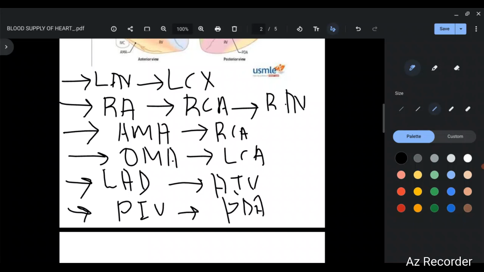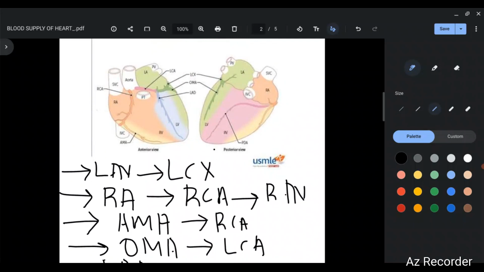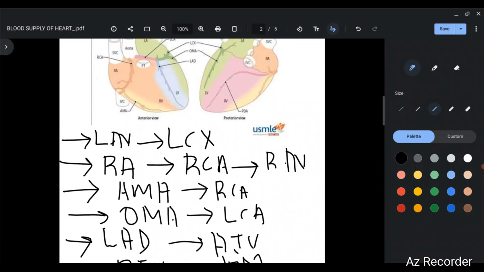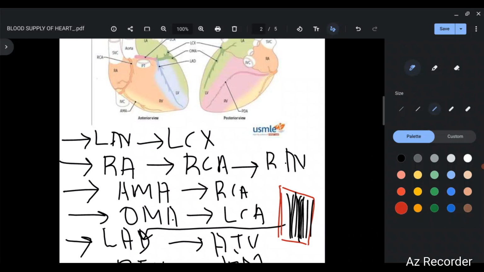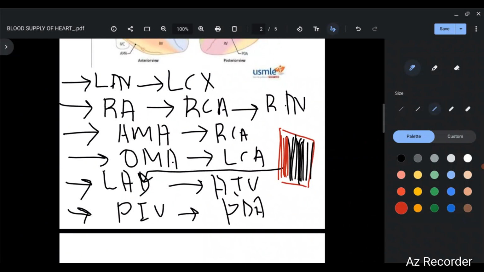Now tell me, which artery supplies the anterior 2/3 of your interventricular septum? Yes, it's your left anterior descending artery. And which artery supplies the posterior 1/3 of your interventricular septum? Yes, it's your posterior descending artery, right over here.